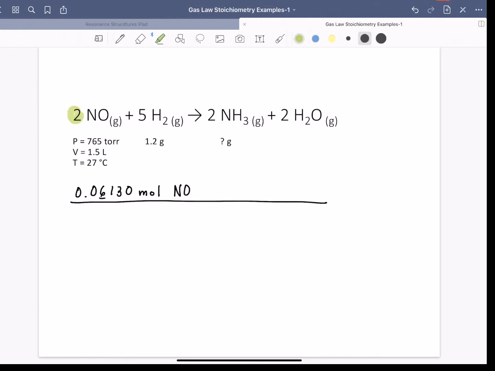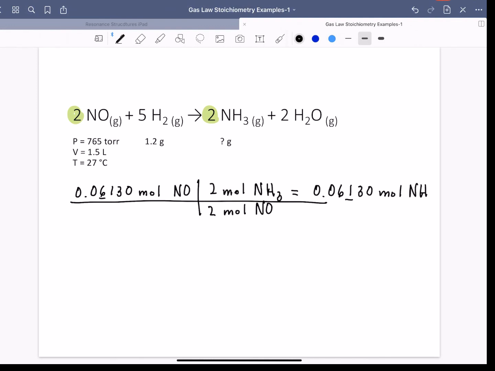I'm going to use the ratios given in the balanced chemical equation to go from moles of reactant to moles of product. And now I'm going to look at the other reactant, hydrogen.